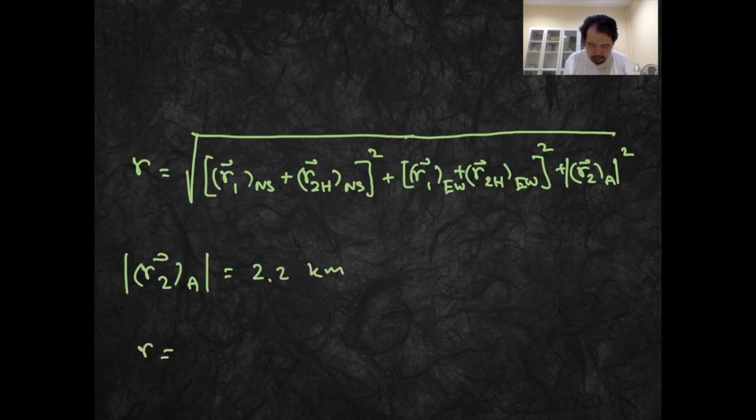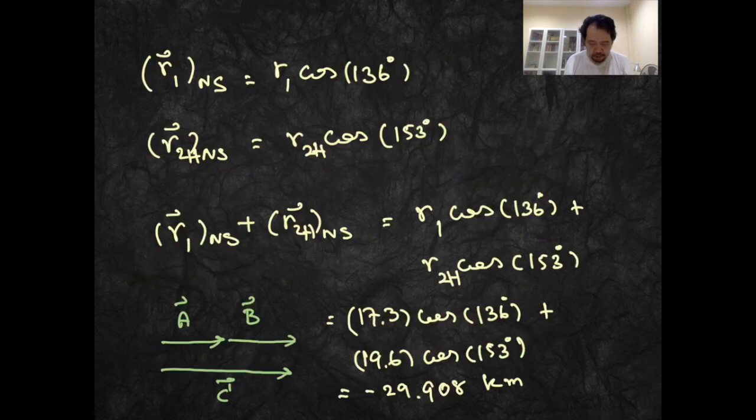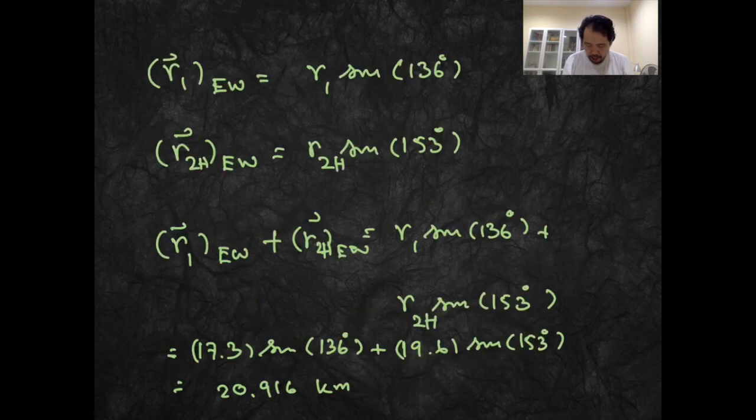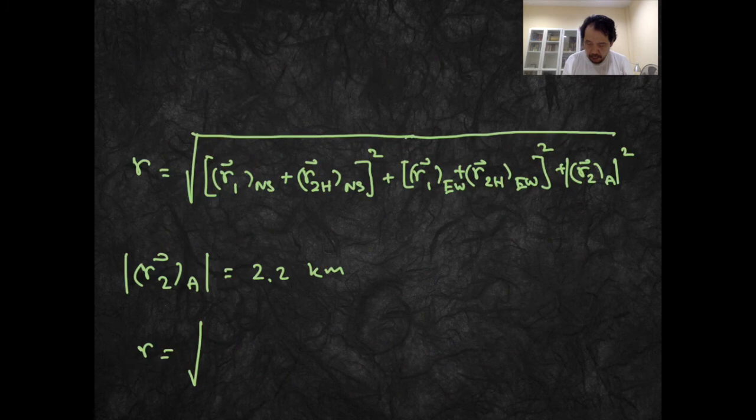So we have that R is equal to the square root of minus 29.908 squared. You can see that the minus sign has no effect on this calculation because we square the number, and a negative squared is positive.